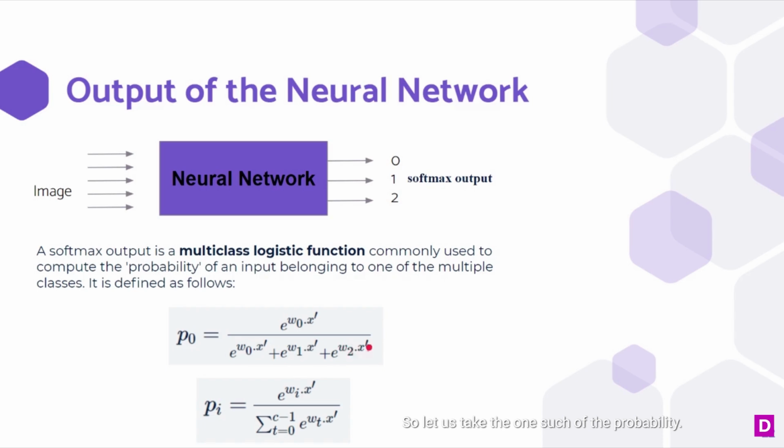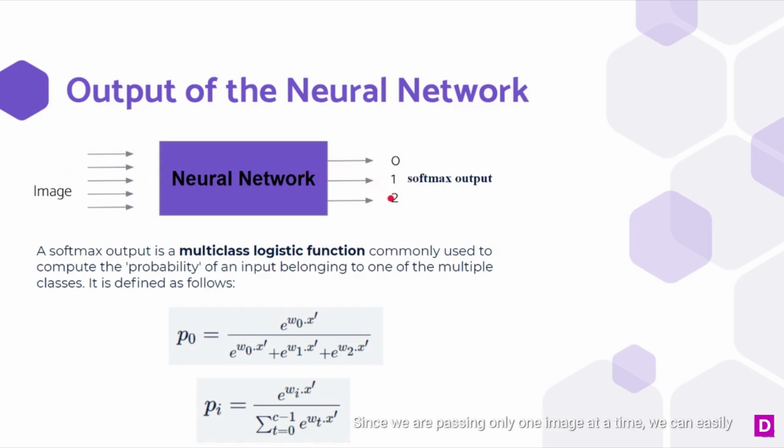So let us take one such probability. p0 equals exponential to the power of w0 into x dash, divided by exponential to the power of w0 into x dash plus exponential to the power of w1 into x dash plus exponential to the power of w2 into x dash. We can consider the input x dash as common to all three probabilities.